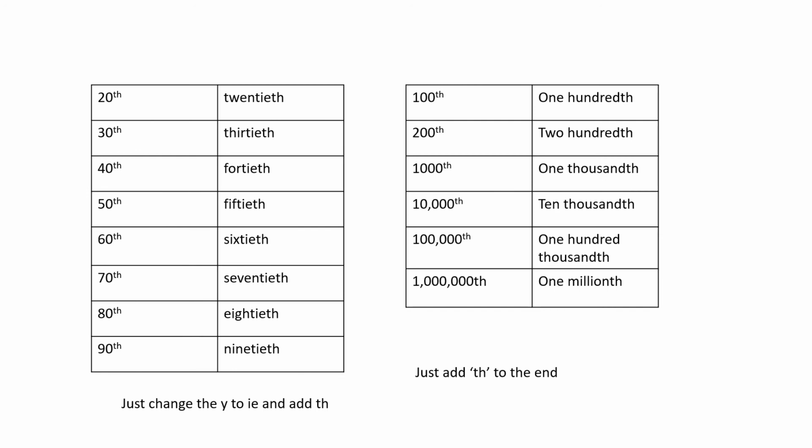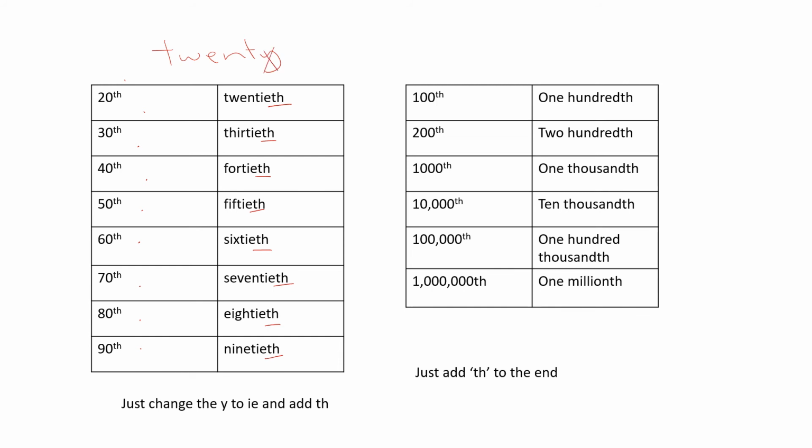There are some differences for spellings for the 20th, 30th, 40th, 50th, 60th, 70th, 80th, and 90th. And that is, instead of adding a TH, you add an ETH to them. That's the first difference. The second difference is that you change the Y to an I. For example, 20 is spelled T-W-E-N-T-Y.